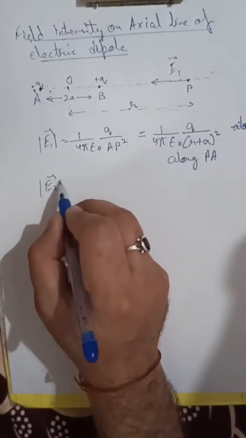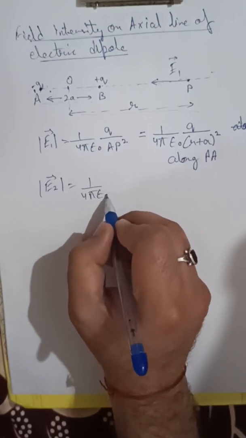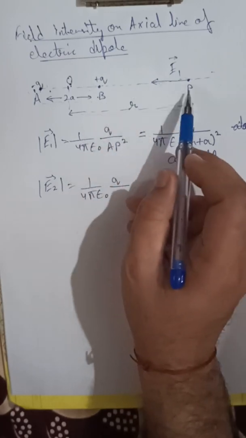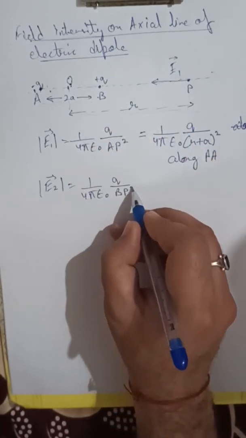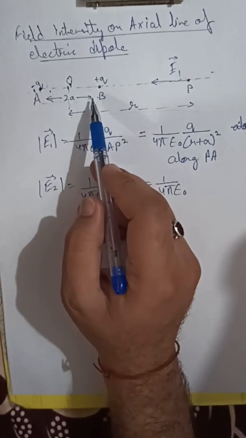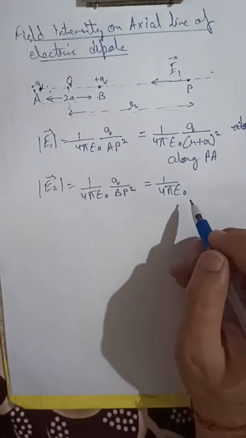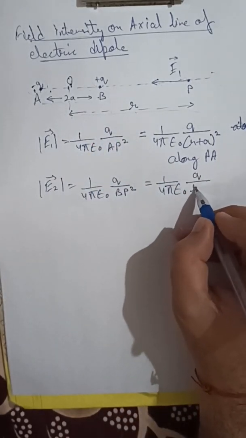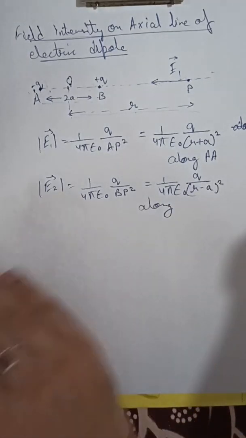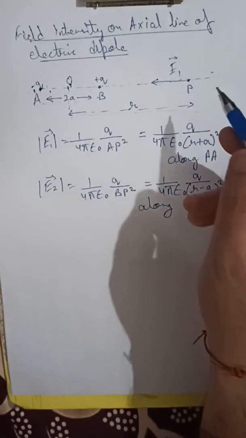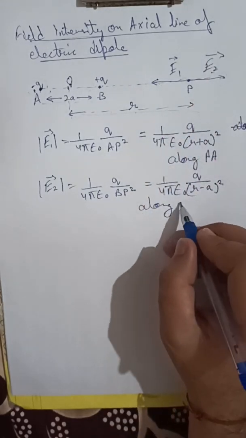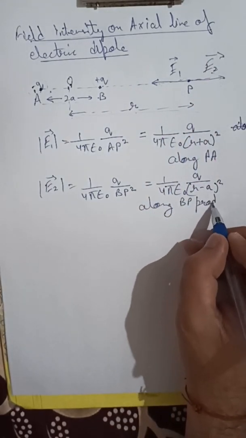For E2, we will take 1 by 4 pi epsilon naught q upon which distance? BP square. And you can see that BP is R minus A. So q upon R minus A whole square, and it is along, for positive it is always outwards, so therefore it is along BP produced.